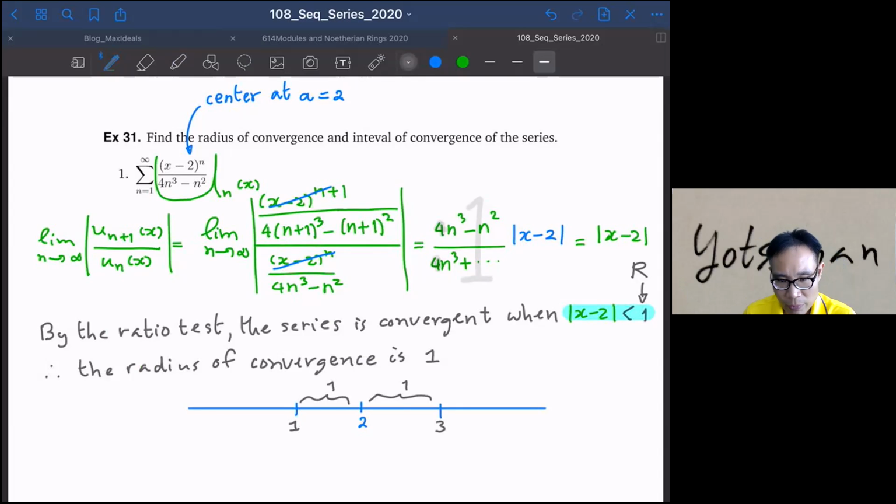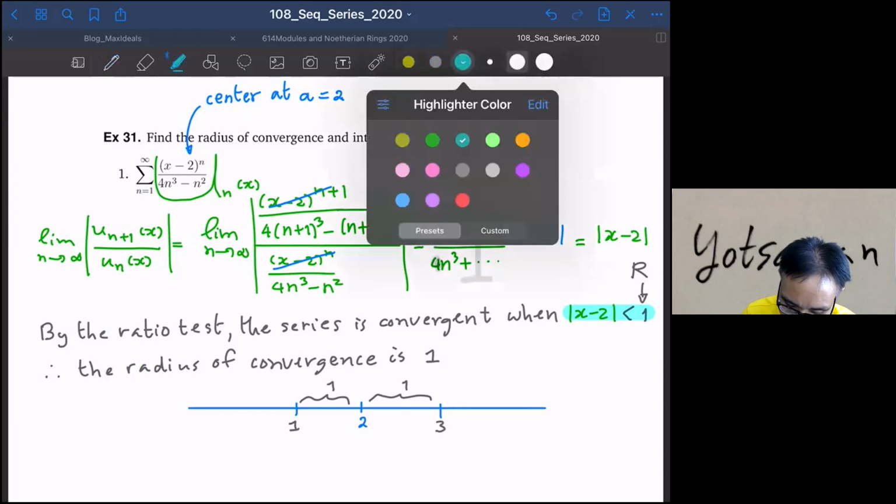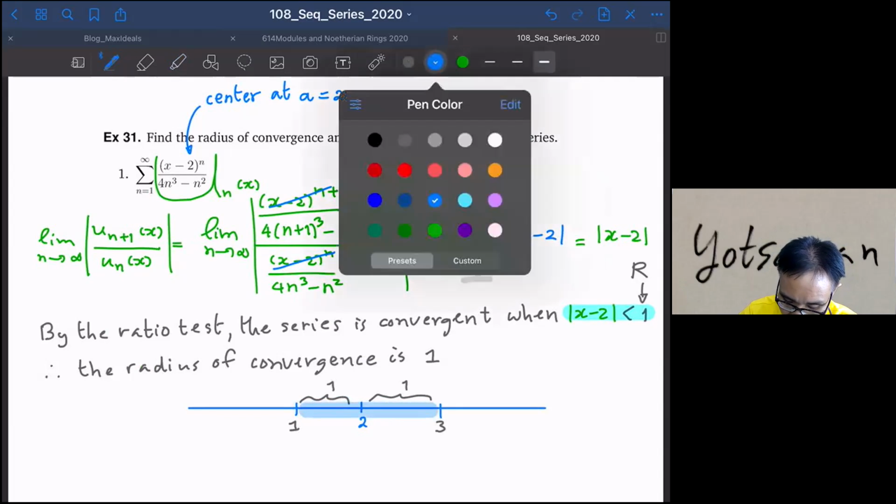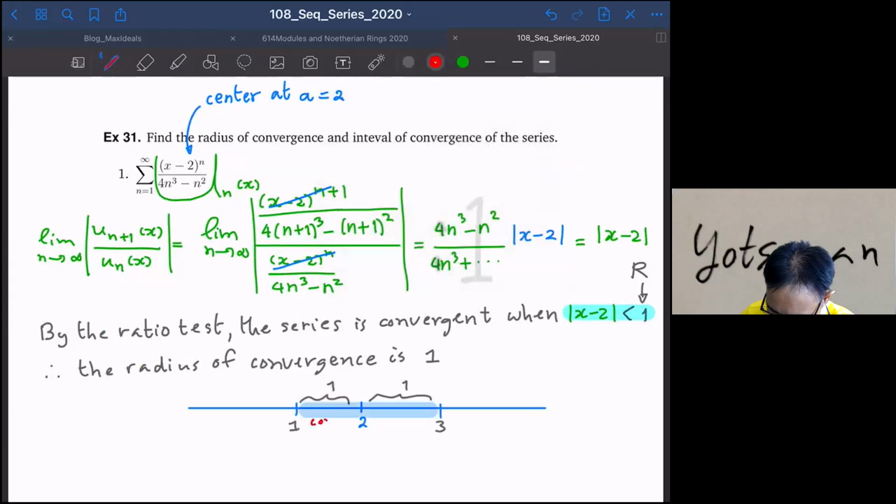And you see that it's going to be convergent in this interval, and it's going to be divergent for these two regions, this interval and this interval.